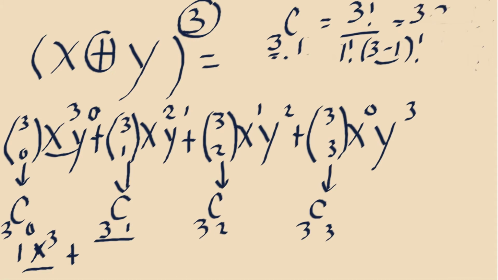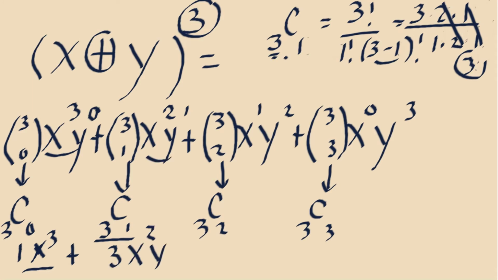So that's 3 times 2 times 1 over 1 factorial, which is 1. Now 3 minus 1 is 2, so 2 factorial is 2 times 1. Now this is going to be reduced to 3. So the next term is 3x squared y.